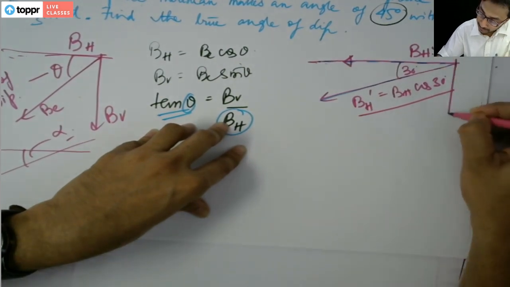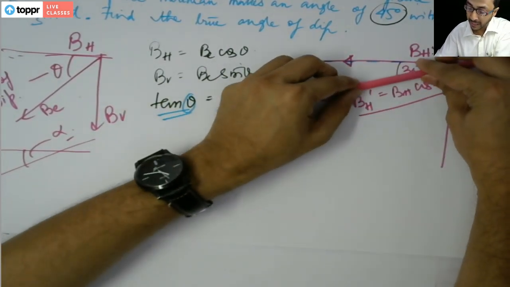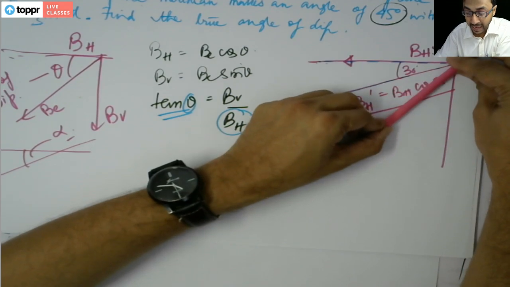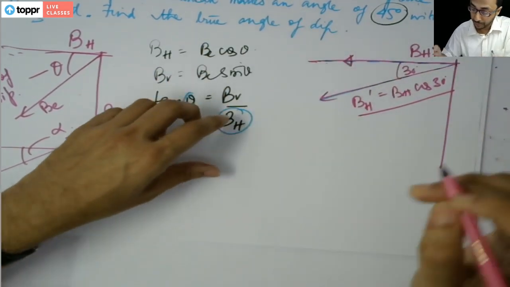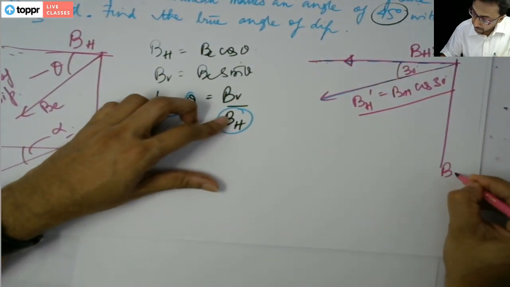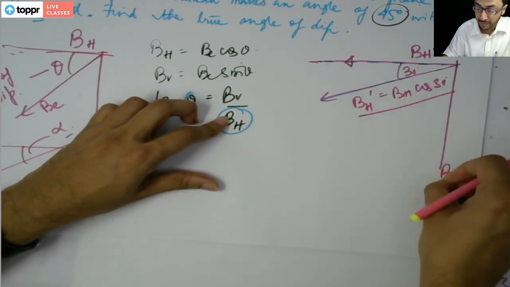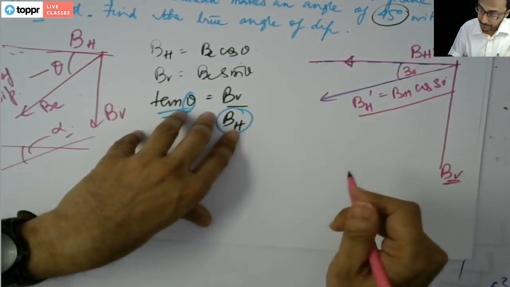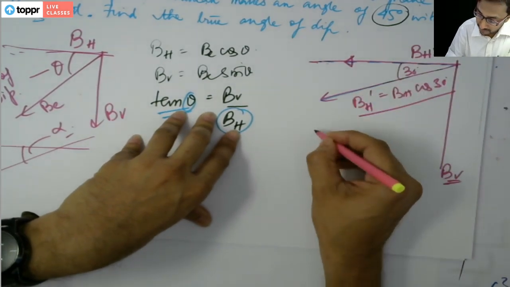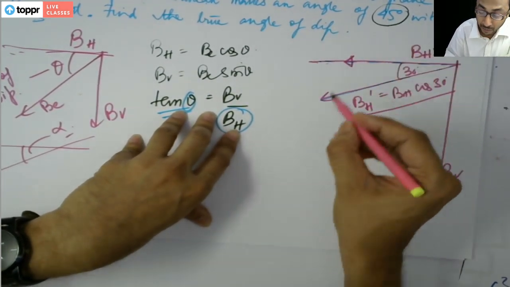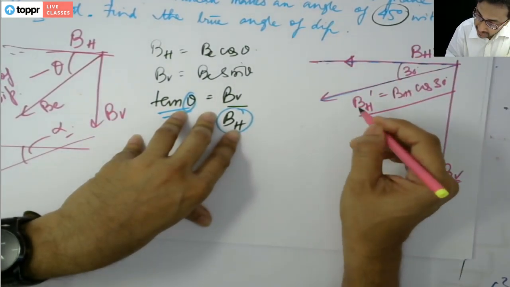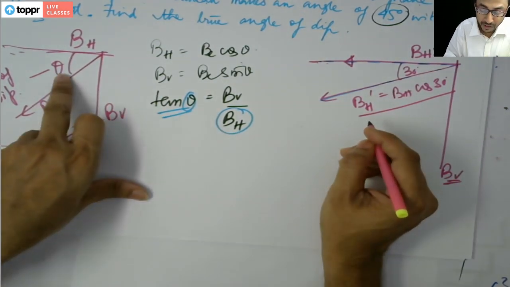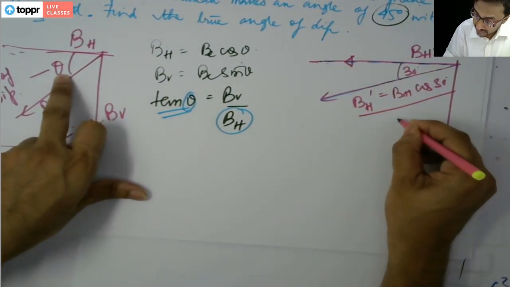Now the magnetic needle is at an angle of 45 degrees. BV is always the same, because BV is vertical. So 45 degrees is the apparent angle of dip, theta dash.